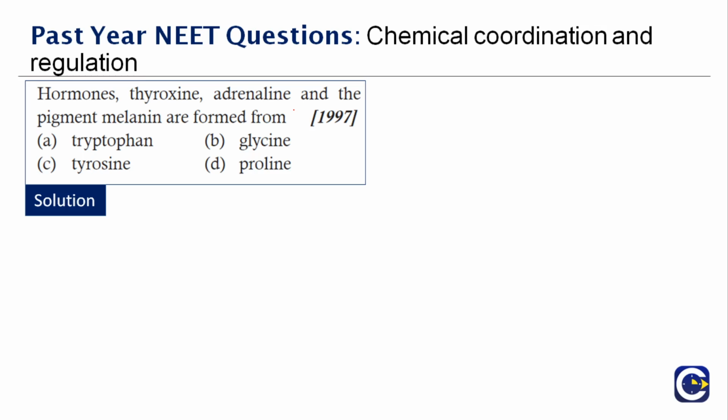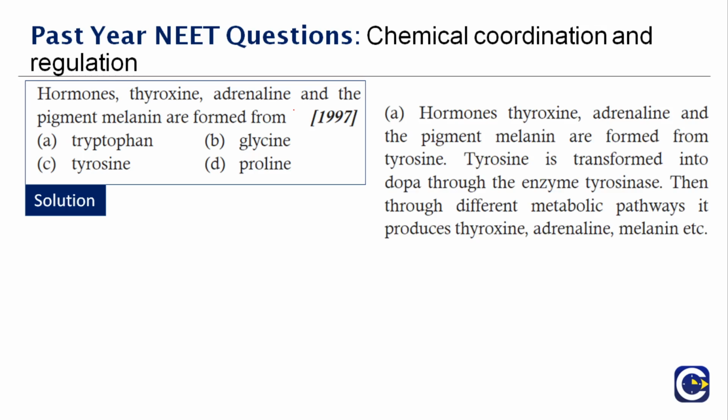Thyroxine is transformed into DOPA through the enzyme tyrosinase. Then through different metabolic pathways, it produces thyroxine, adrenaline, melanin, etc. Therefore, the right answer to this question is option C, which is tyrosine.